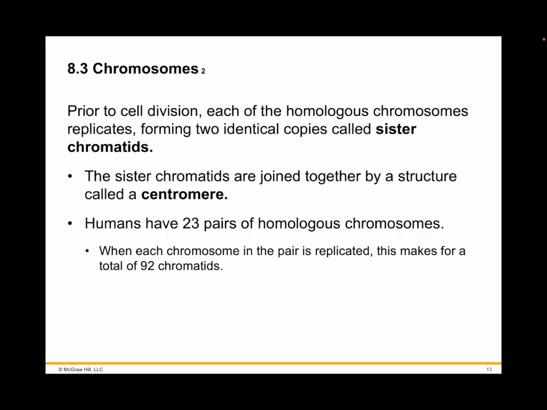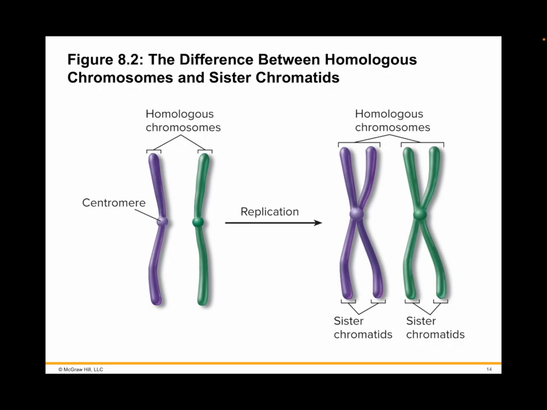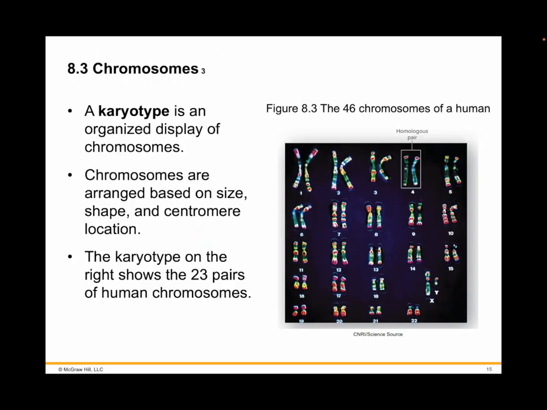Next we'll get on to what are called karyotypes. The 46 human chromosomes can be paired as homologs by comparing size, shape, location of centromeres, and so on. This arrangement of chromosomes is called a karyotype, as shown here at the bottom right, and again shown in your textbook on page 139. Possession of all 46 chromosomes is essential to human survival.